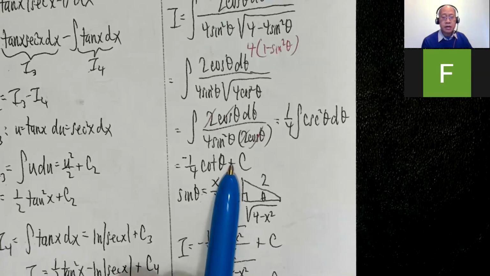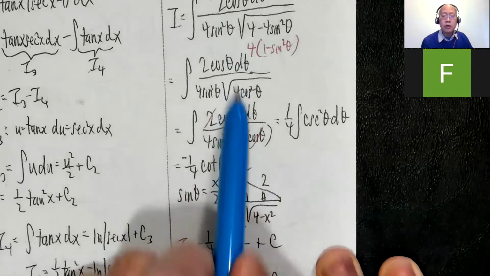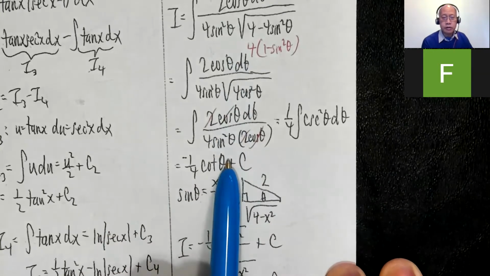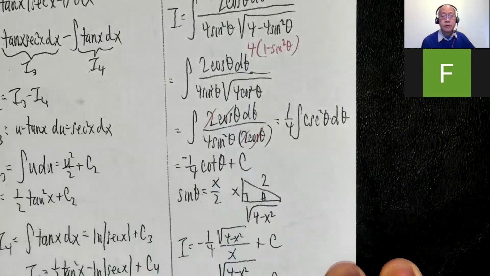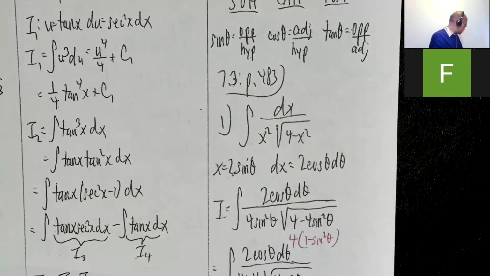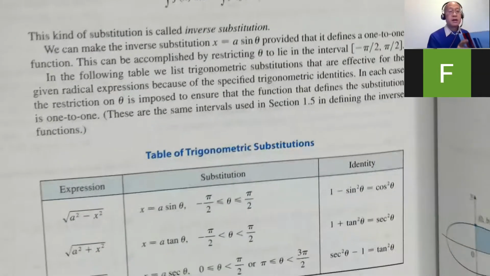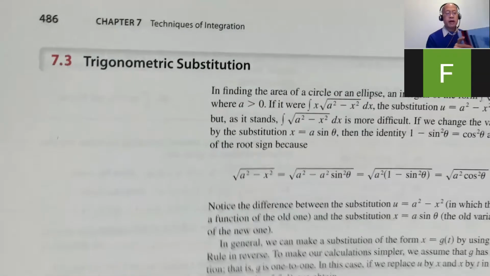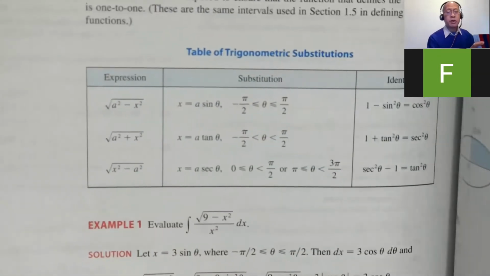Okay, so it ends up being a fairly nice integral. However, we're not done. In fact, we're far from done. Calculus is done. We now have to switch over to trig. So one more time, I have the square root of 4 minus x squared on page 486. That's that first square root there.